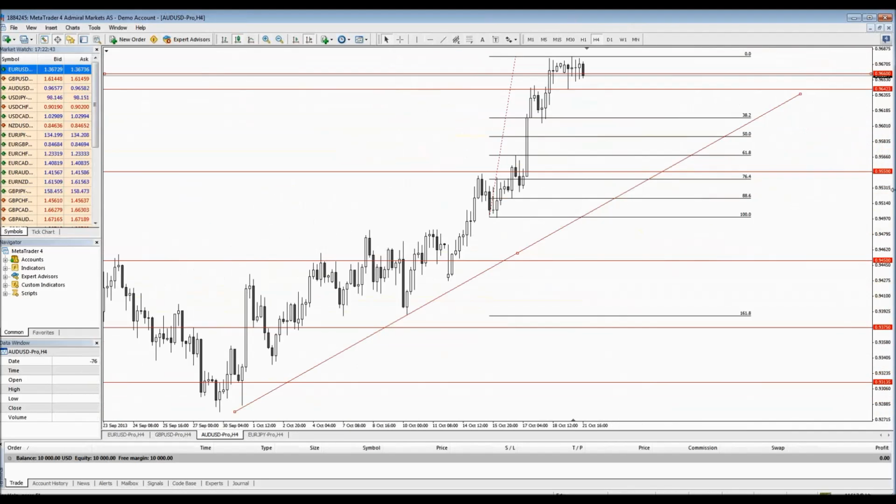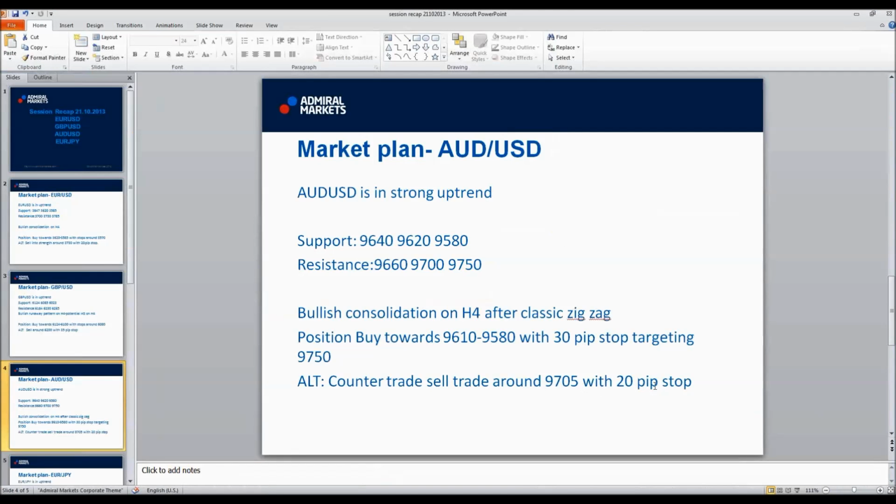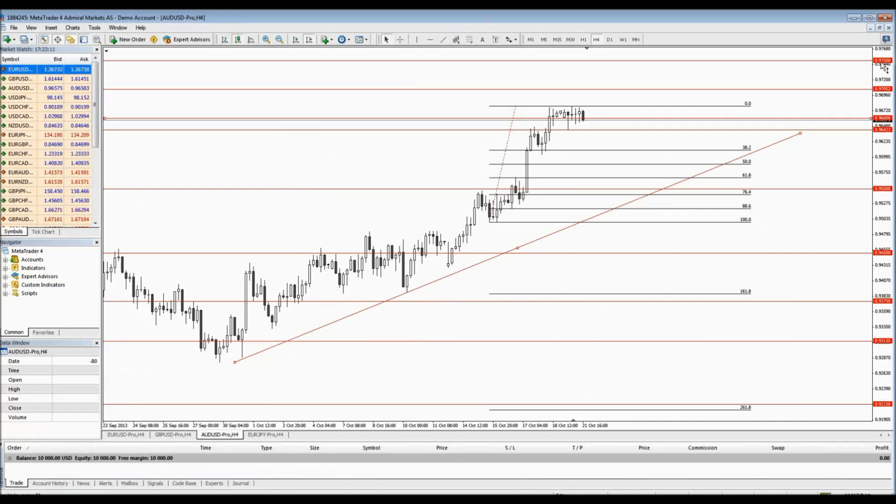I didn't print it on my screen yet, but this is also not a very strong level, but that is a medium level. So we can try to sell it around there with some, as you say, 20 pip stop, because if it goes above 97.25, Aussie likes those 20 levels, it will proceed to 97.50.